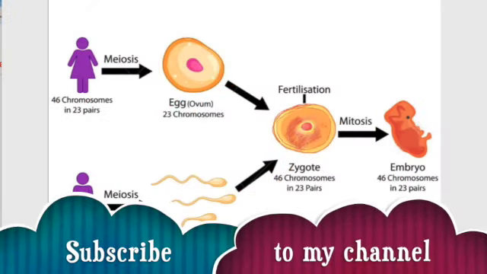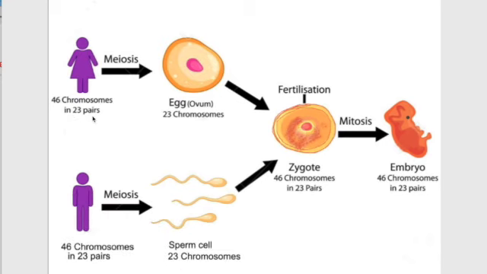of human reproduction. From this picture, you can see that the female body cell contains 46 chromosomes, which is 23 pairs, and the male also has 46 chromosomes in 23 pairs.